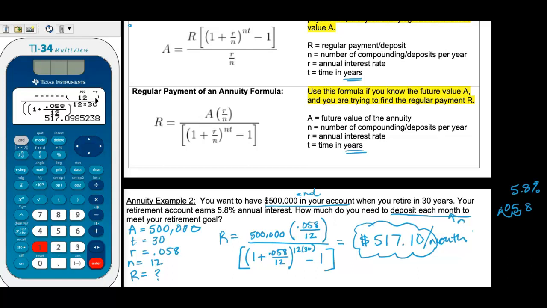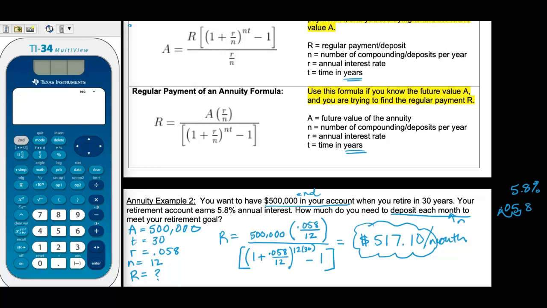And just to show you in terms of the interest, if we take 517.10 times 12, so 12 months a year, times 30 years, that money that they deposit alone is $186,156. But look at how much more they actually earn. They earn $500,000 because of that compound interest. So pretty powerful.